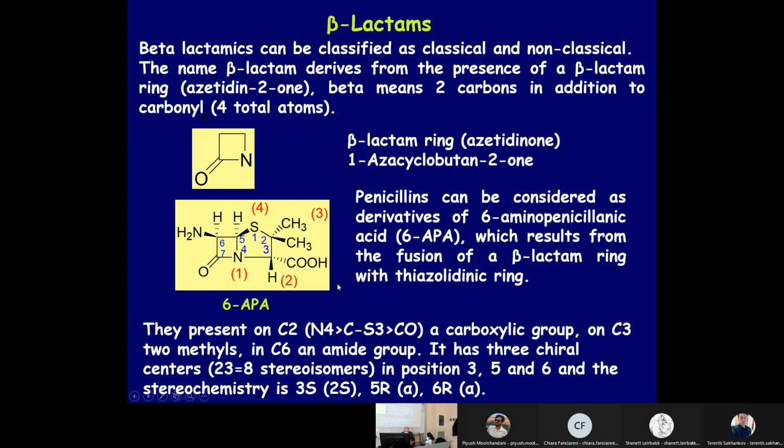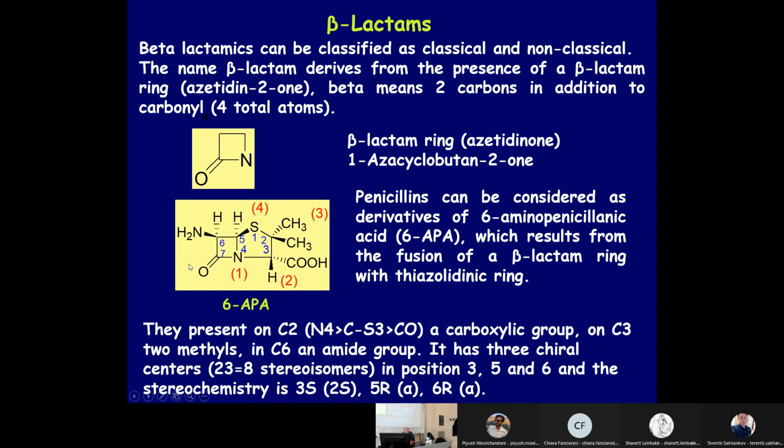Here you can see the main backbone, the main structure of penicillin. This structure is called 6-aminopenicillanic acid. Amine because you see there is an amino group in 6th position. Acid because there is an acidic residue on the carbon 3.